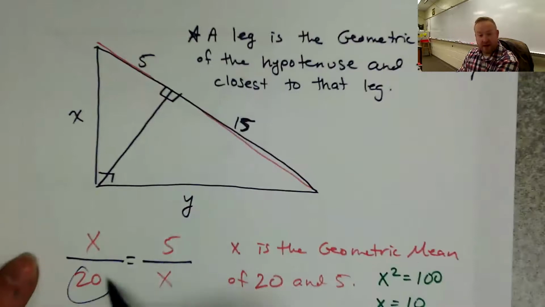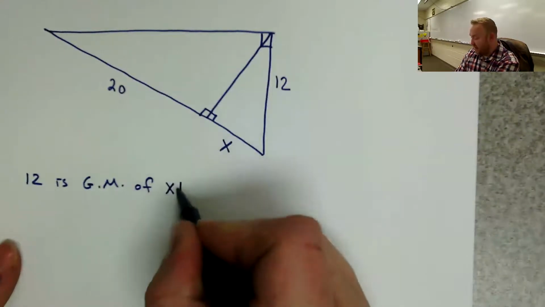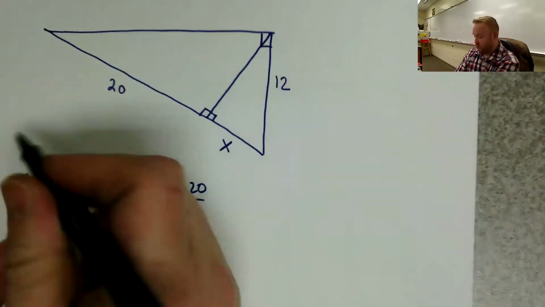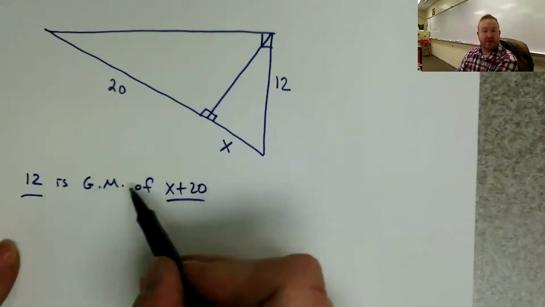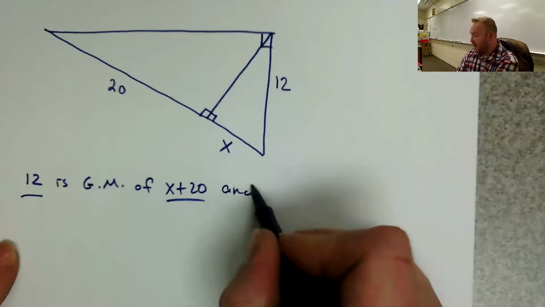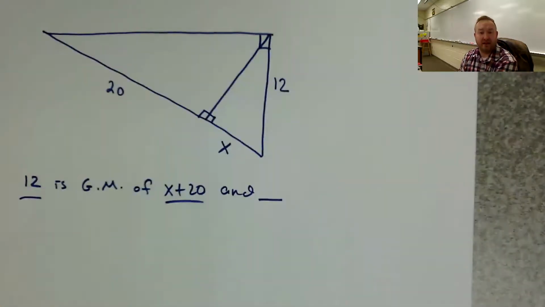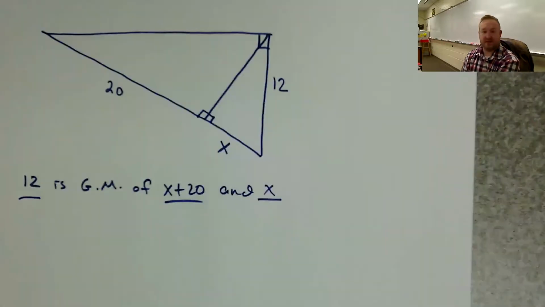To get that 20, we just added the 5 and the 15. Well, to get the whole hypotenuse here, I have to add x and 20, right? So 12 is the geometric mean of the hypotenuse, which is x plus 20, and the segment that is closest to that leg, which is x.